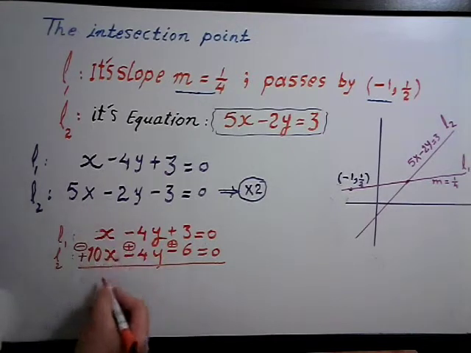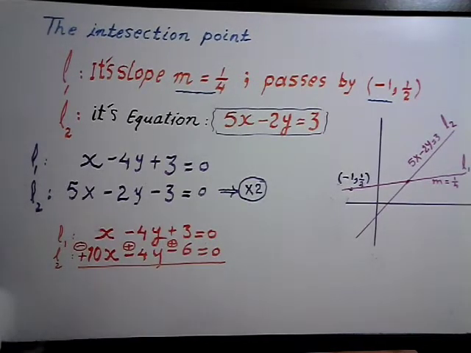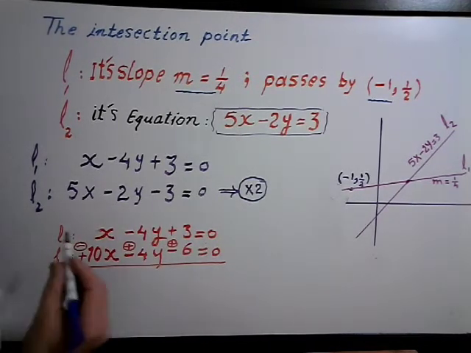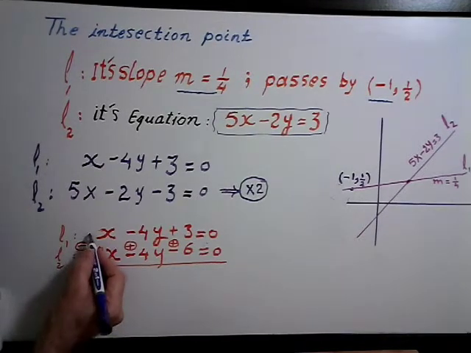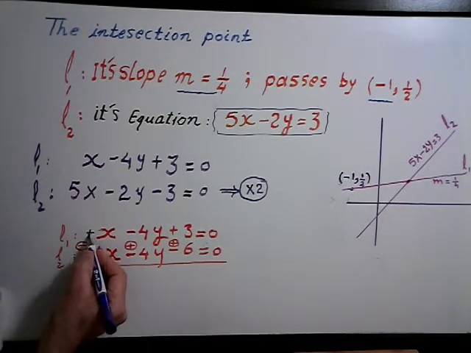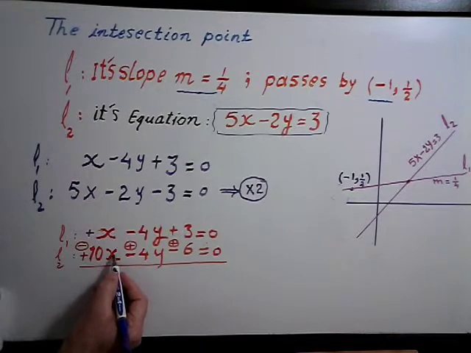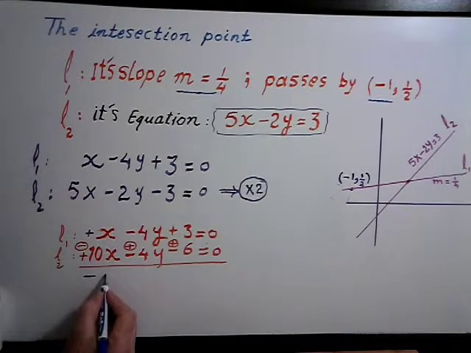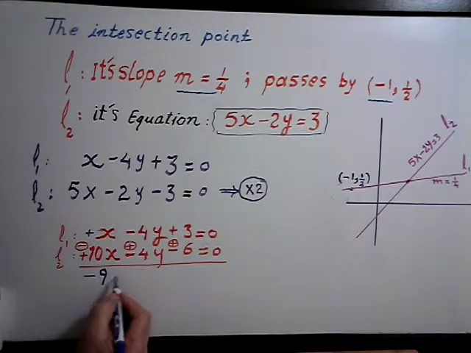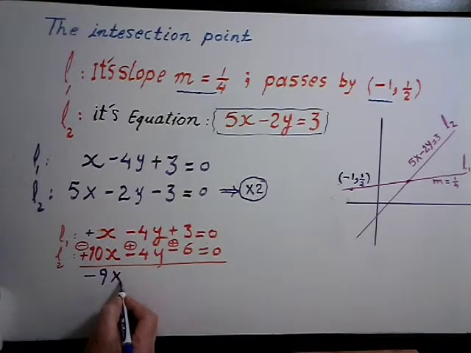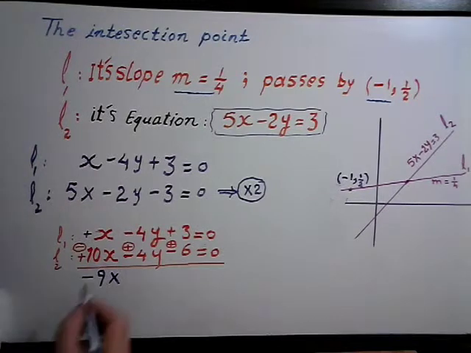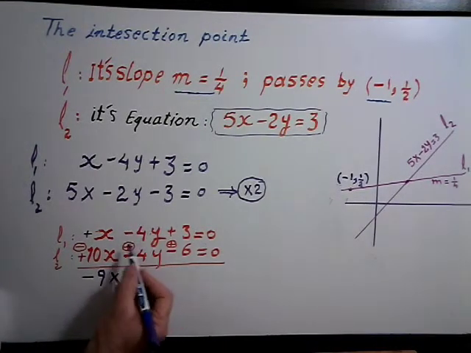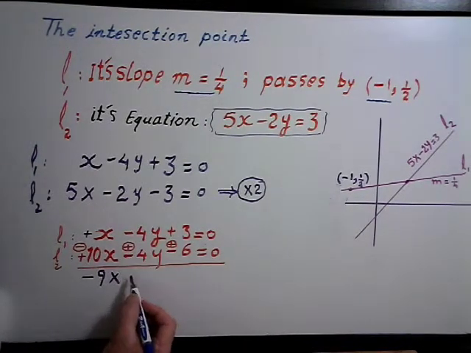Here plus x, here minus 10x, so the result will be negative 9x. Now negative 4y and positive 4y will be 0.